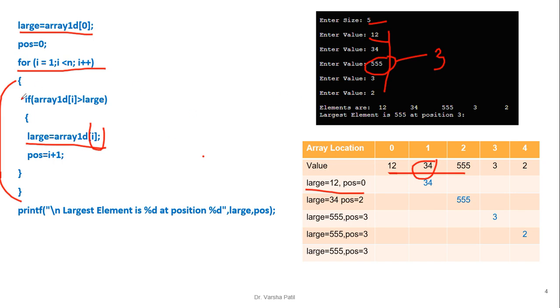Next, is 2 greater than 555? No, so it will not go into the if condition. So the highest value remains 555 at location 3, and after that we print the largest element is %d at position %d. Here two ways are there: either you can write position equal to i, and when you print the position you can do position plus 1, that is also possible.